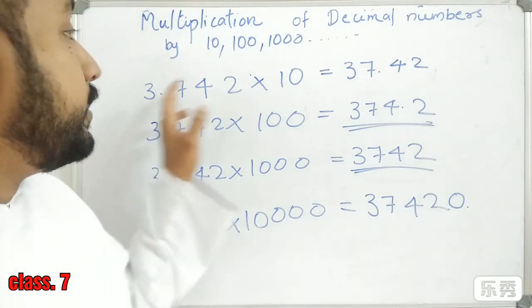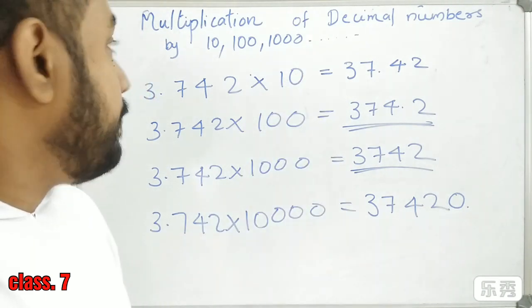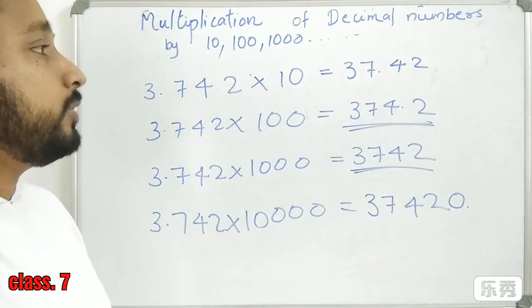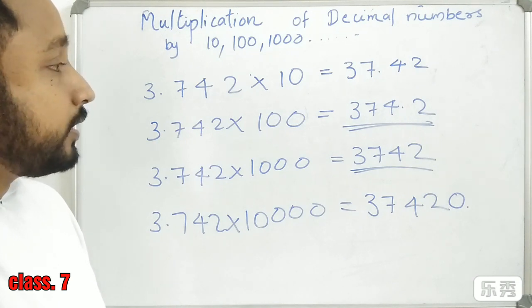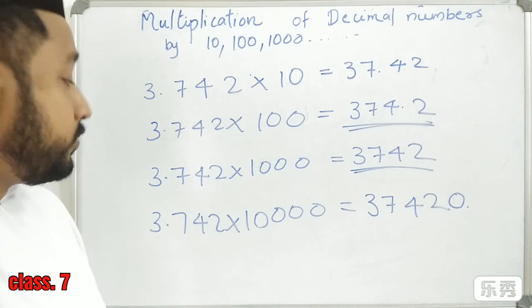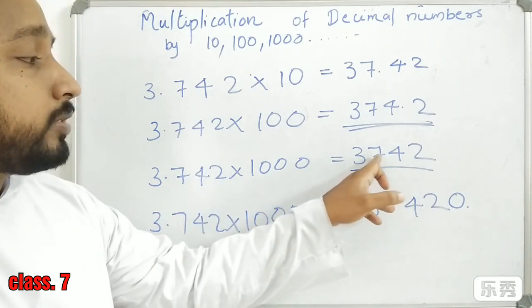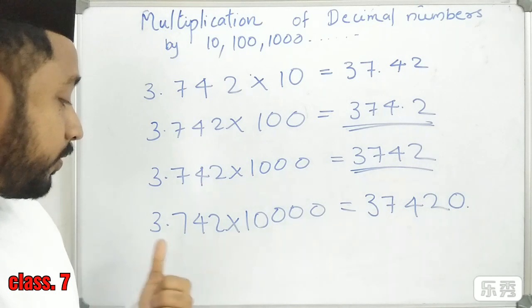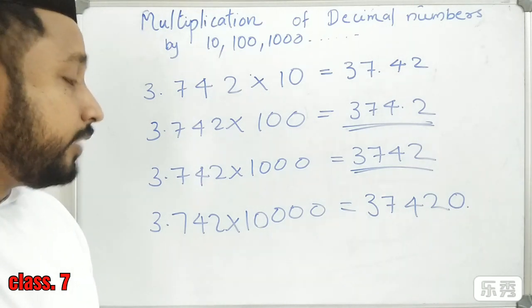So we move the decimal point according to the number of zeros in the question. 3.742 into 10 is 37.42. 3.742 into 100 is 374.2. 3.742 into 1000 is 3742. 3.742 into 10,000 is 37,420.